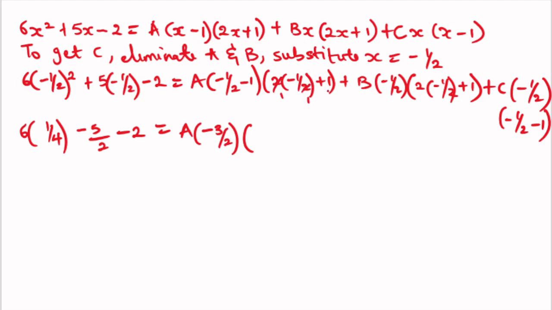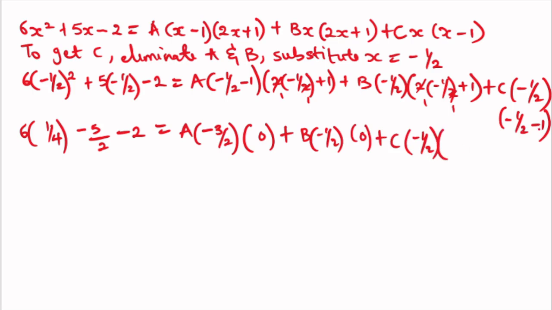So we have minus 1 plus 1, which is 0, plus b into bracket minus 1 over 2. Then we'll have 2 here 1, 2 here 1. Minus 1 plus 1 gives us 0, plus c into bracket minus 1 over 2, bracket minus 1 over 2 minus 1 gives us minus 3 over 2.